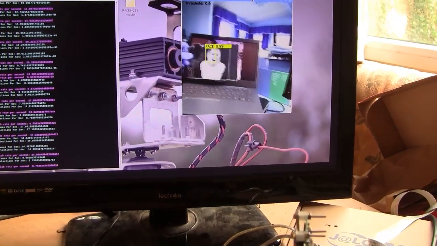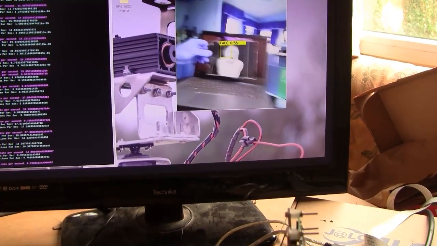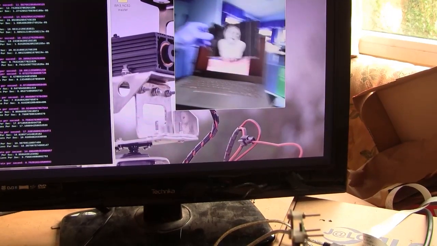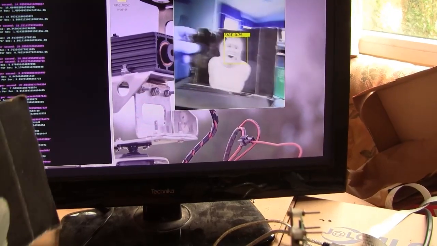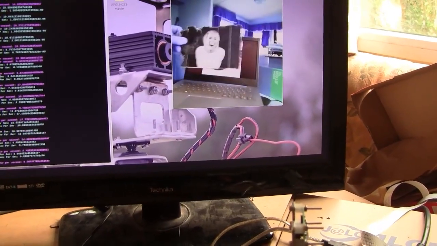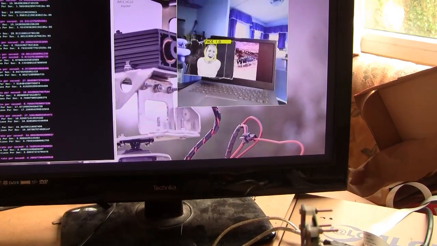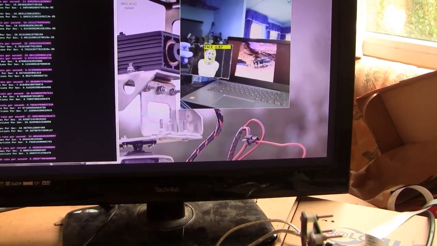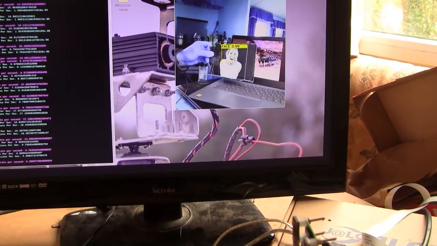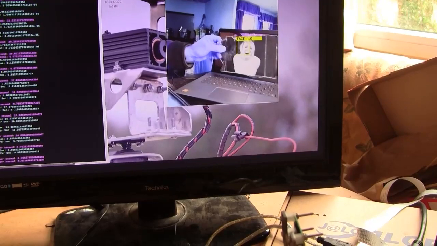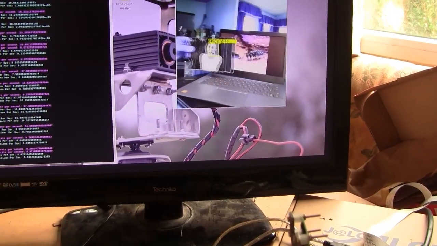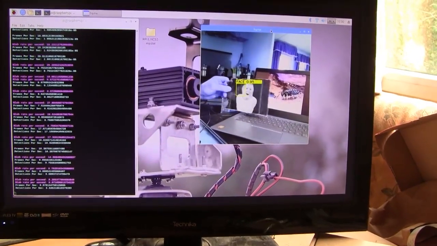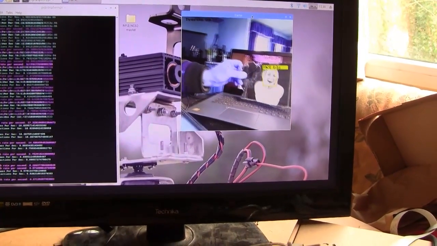See, I can pull it away, there's very little delay, little shake. So yeah, it tracks it quite quickly, and there's not too much lag. And I think that's mostly due to the fact that the network is more efficient, which is interesting.